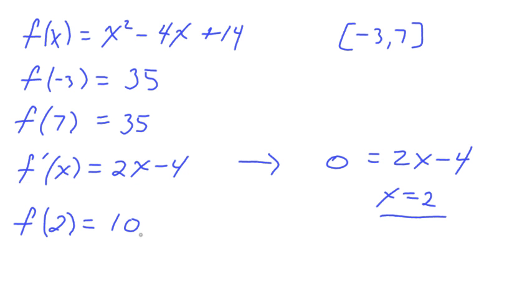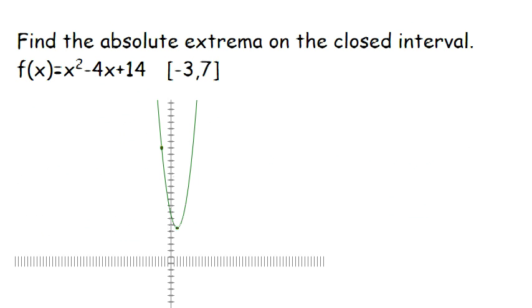Okay, so let's look at this quickly here. We have 10 and basically 35, since both of these are 35. So obviously the minimum is occurring here, and you could pick either one of these, it doesn't matter. I think what happens is, in my programming, I went ahead and just picked this one.